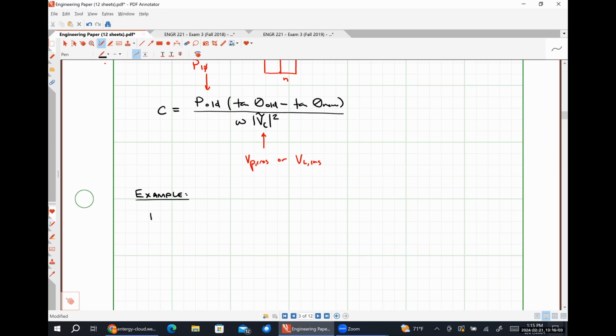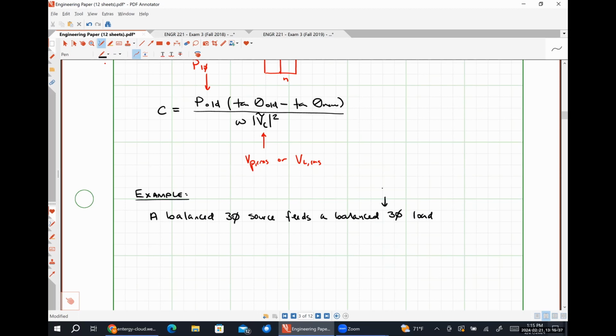So let's say that a balanced three-phase source feeds a balanced three-phase load.